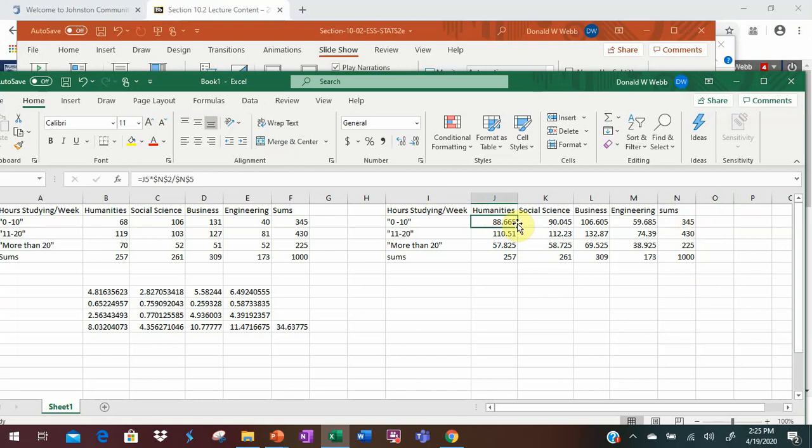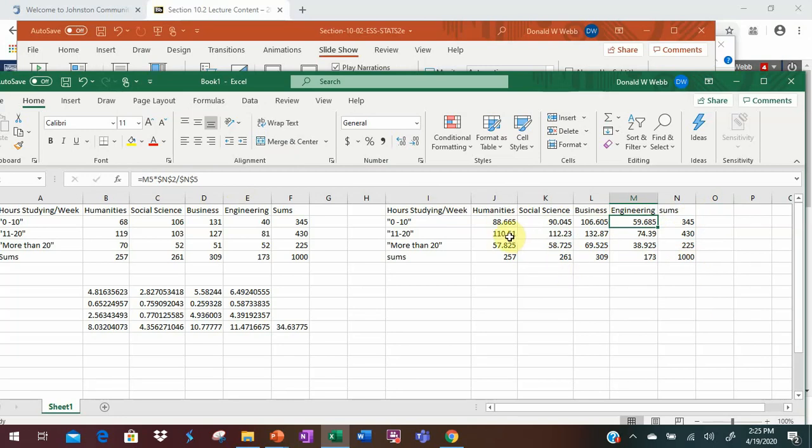Once I did this, I spread it across and used dollar signs so that they wouldn't change as I went. So if I did J5, this is K5, L5 here. It is multiplying the M5 always times this divided by always that.